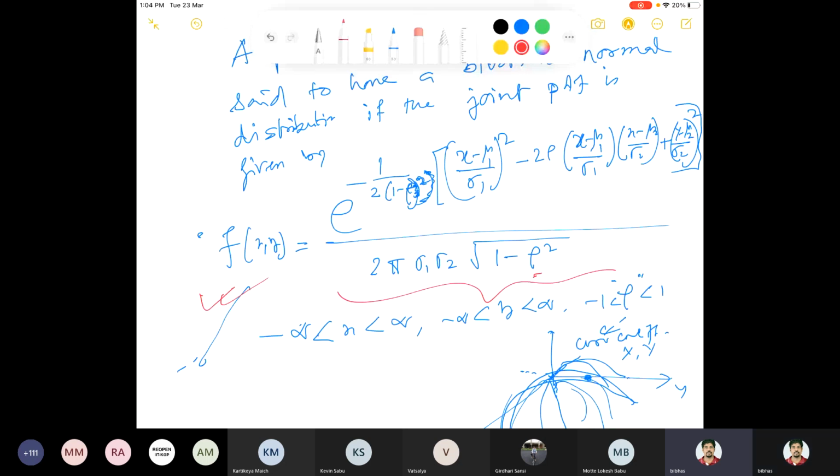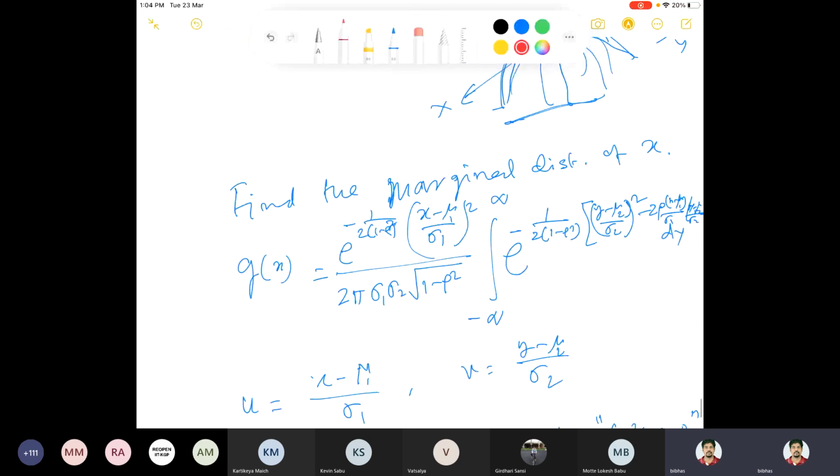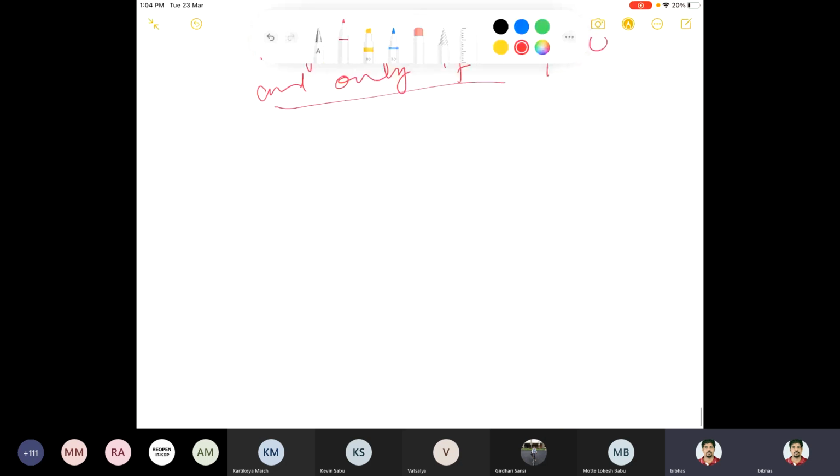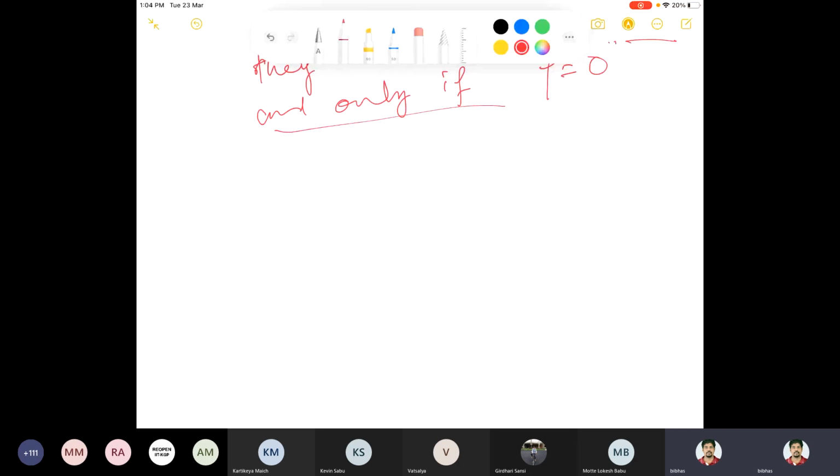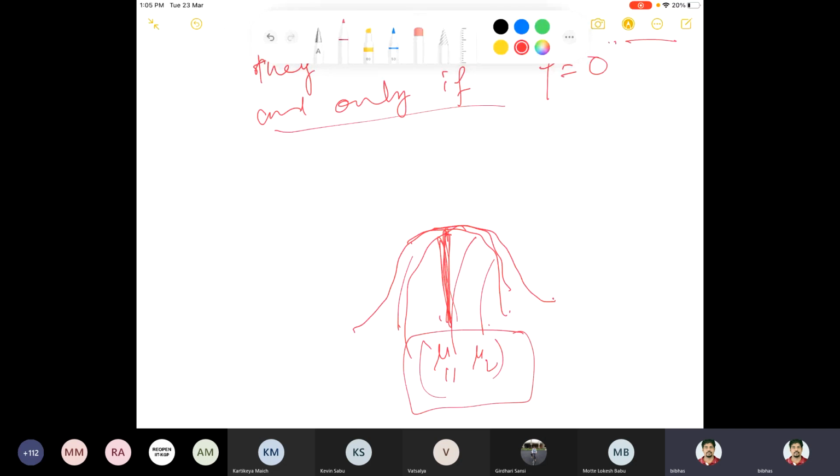If you draw the bivariate normal surface, the maximum value will be at the point mu1, mu2, which is the pair of means of the individual marginal distributions.